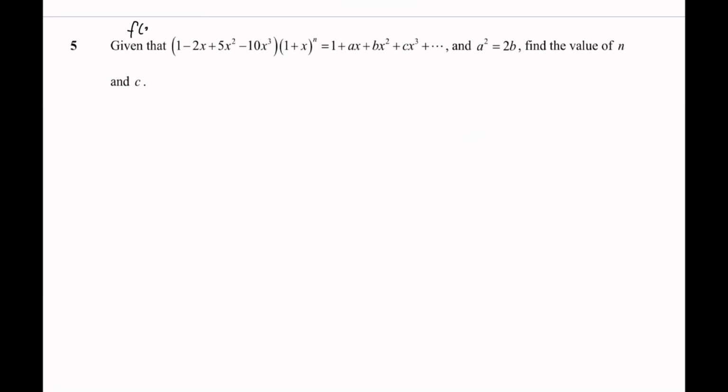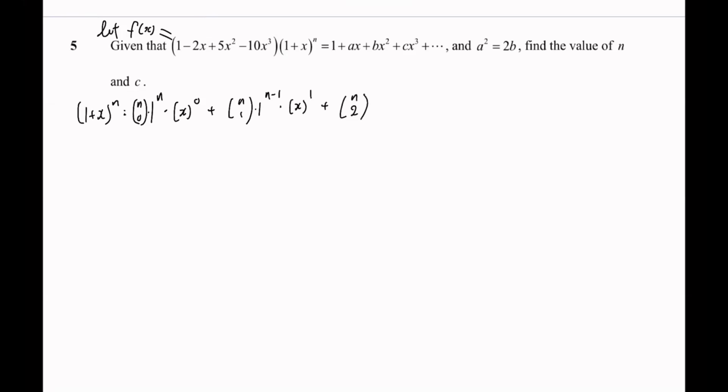So we're going to let f of x equal to this. Then we will have to focus on the 1 plus x power n first. First term, if I start from lowest power, will be 1 power n, then x power 0. In front is n choose 0 plus n choose 1 times 1 power n minus 1 times x power 1.